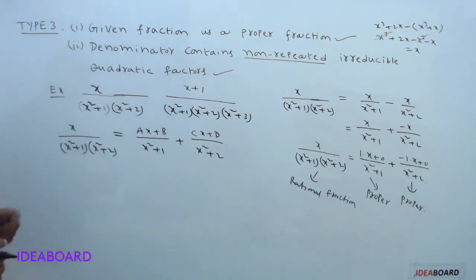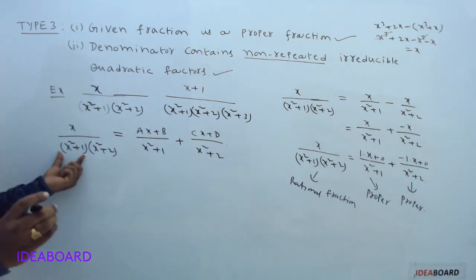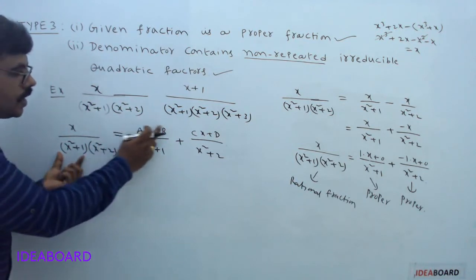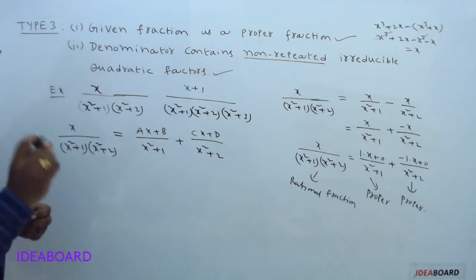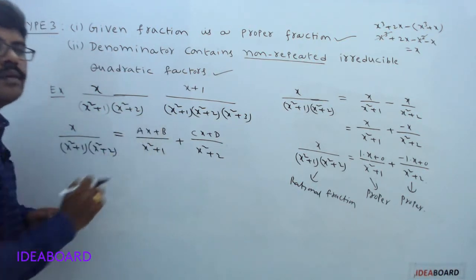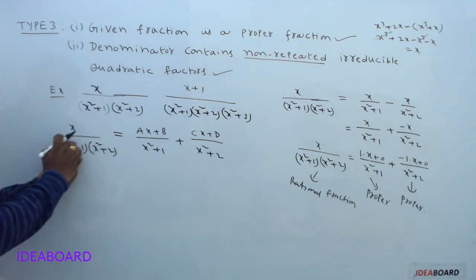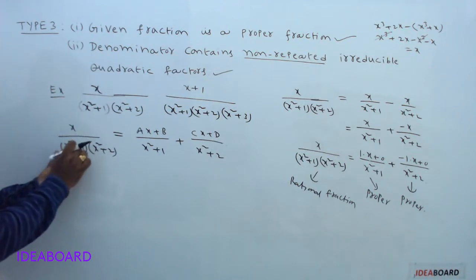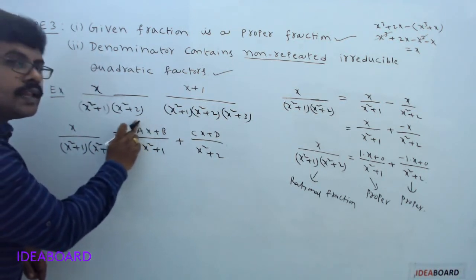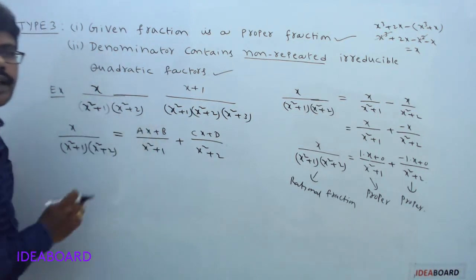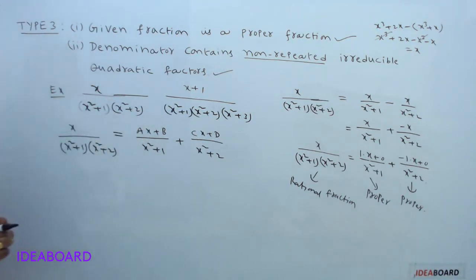Now, see once again, corresponding to every non-repeated irreducible quadratic factor, there exists a linear factor in its numerator. Linear factor means which is in the form of ax plus b.